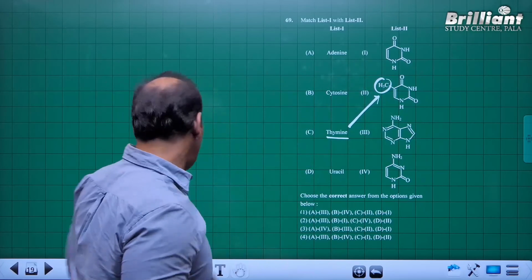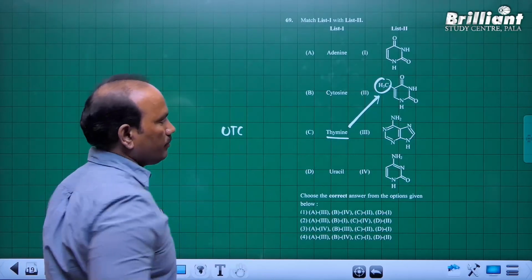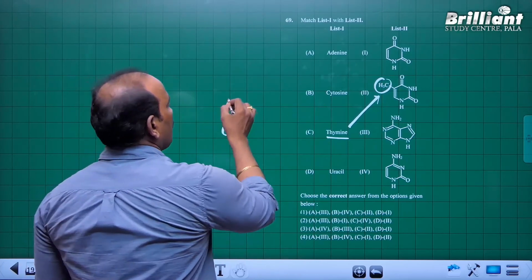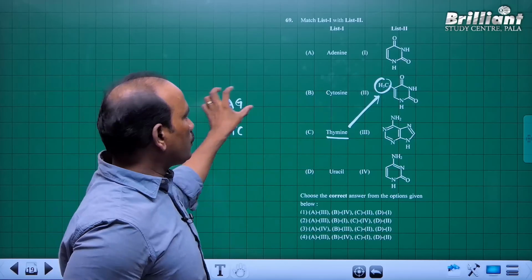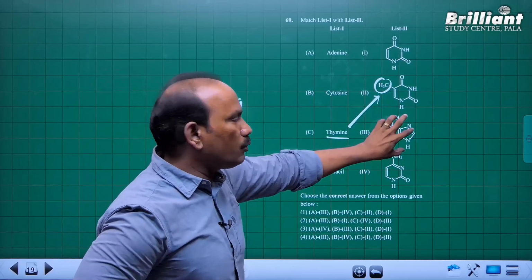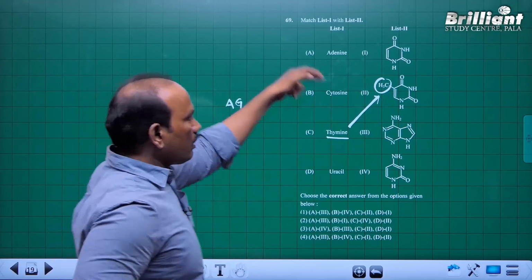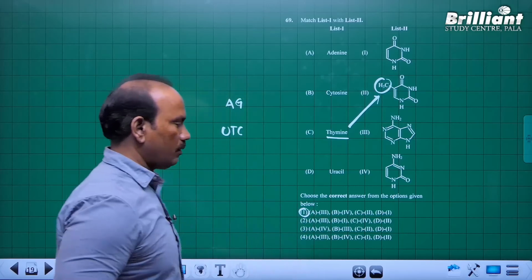In U, T, C, that is uracil, thymine and cytosine, and then A, G, adenine and guanine, these two have two rings. These three are single ring. So the two ring compound is this one. A is the option.